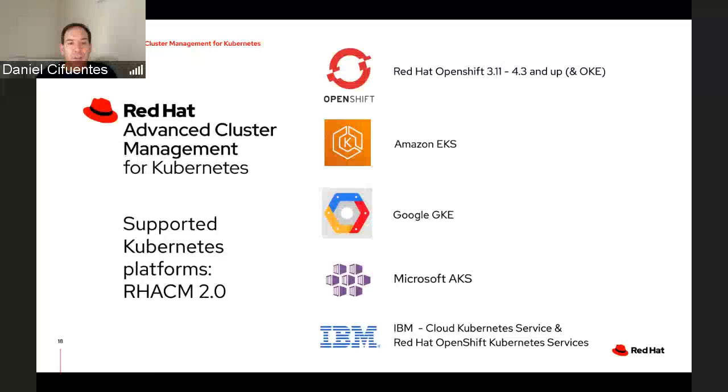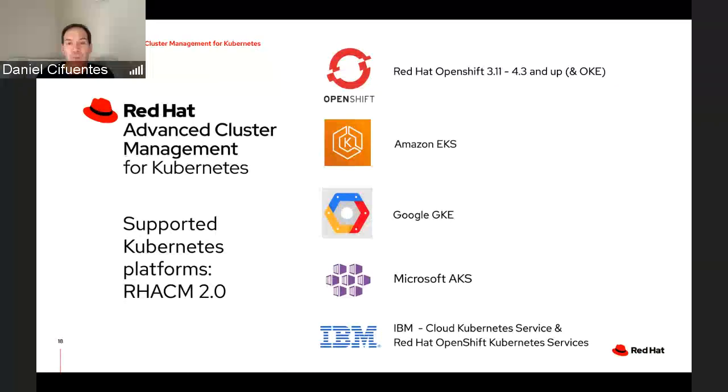So version 2.0, which was, I believe, released recently from RHACM, now supports the long-term release of OpenShift 3, which is 3.11, and it also supports the latter versions of OpenShift 4, namely 4.3, 4.4, and 4.5. And for anyone who's ever deployed it or heard of it, we actually also support OpenShift Kubernetes Engine. So the industry does think that these are all true Kubernetes distros, but there's others out there.